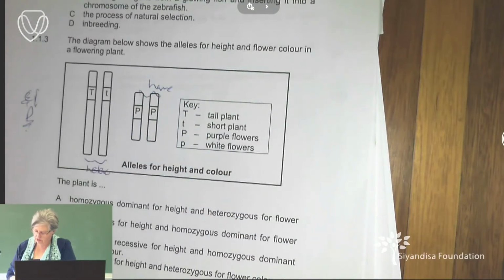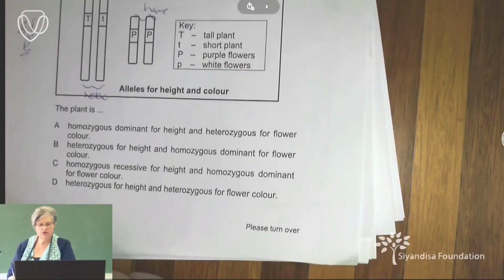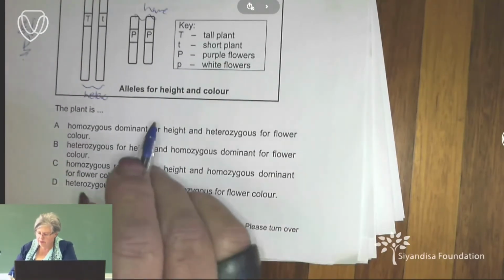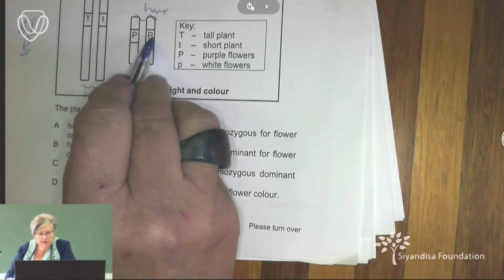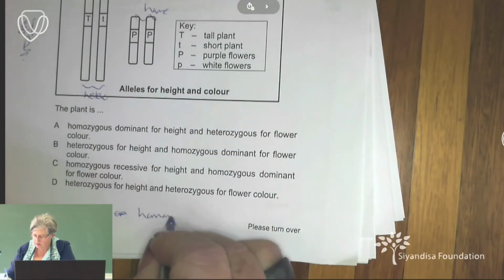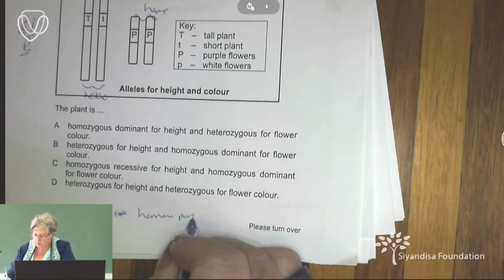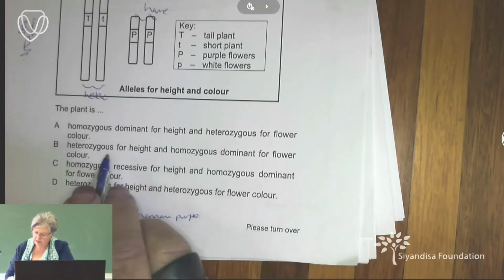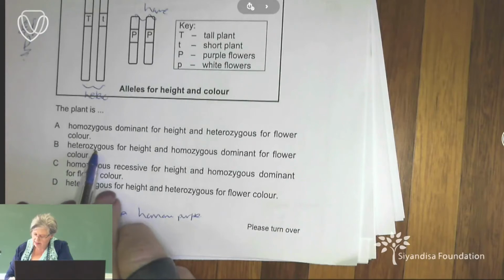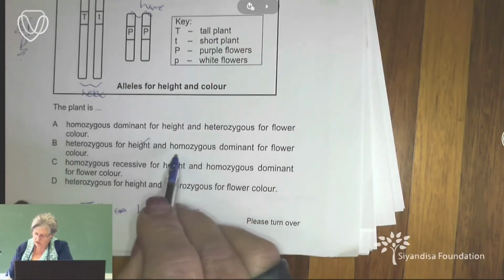It will be heterozygous tall. And what will the color be? Big P, so homozygous purple. So let's see which one it is. Homodominant for height, it's not true. Heterozygous for height, that one is true.